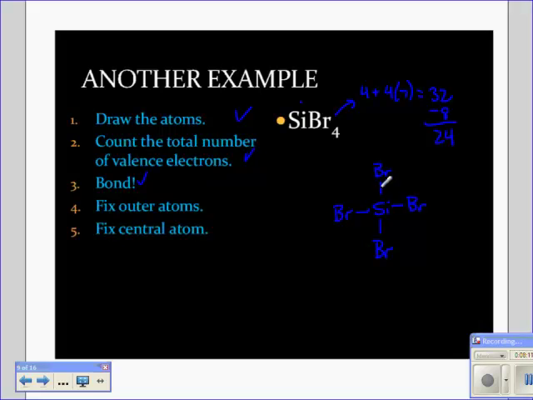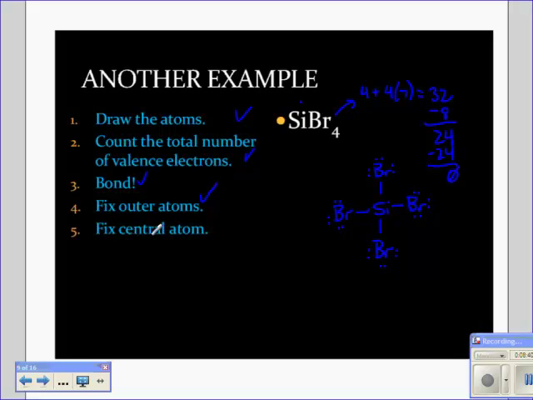And right now this one has 2 from this bond, so I need to give it 6 more. This bromine has 2, 6 more to get 8. 2, 6 more. 2, 6 more. And I just put in 6, 12, 18, 24 dots. Takes me to 0. You're not done yet.